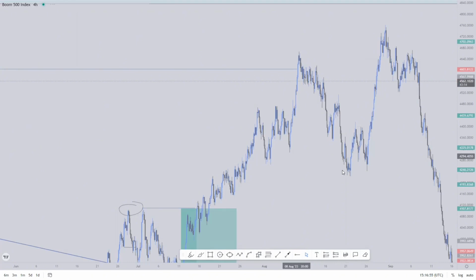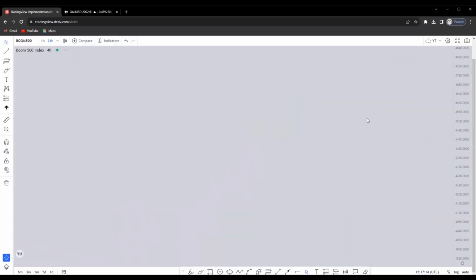So after finishing a major move like that, you always need to know what is the next major move that is following the current one that we are in, right?